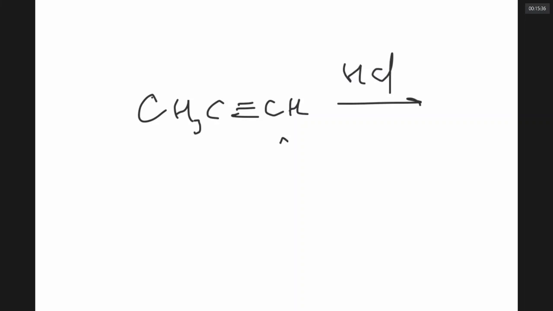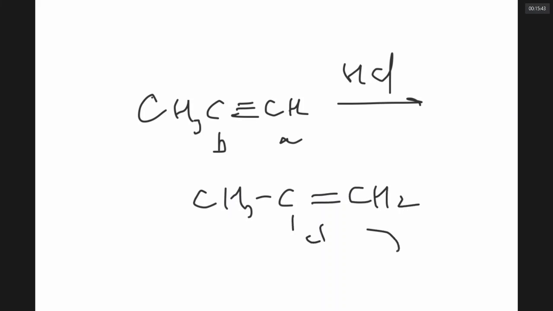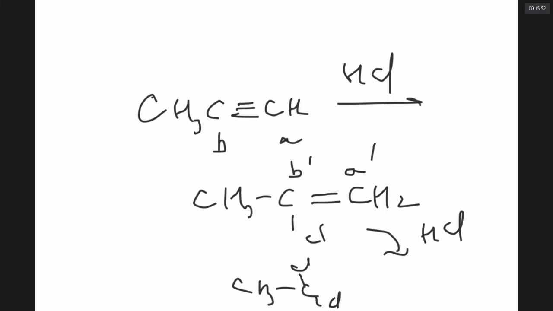If I take a compound like propyne and add HCl, H will go to A, Cl will come to B. So I will be getting CH3-CCl=CH2, a vinyl halide. When it again reacts with HCl, again H will go to A and Cl will go to B. I will be getting 2,2-dichloropropane. This is what I want. What is this, sir? 2,2-dichloropropane. Are we very clear? Yes, sir.